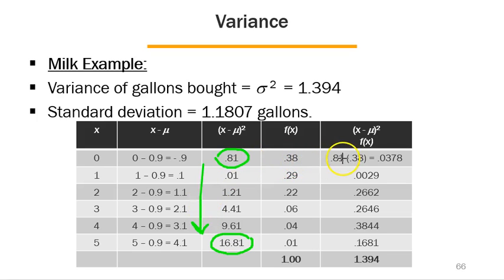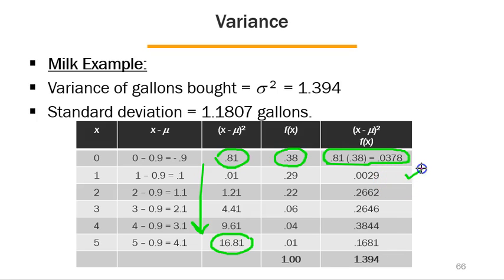And then to get this last column here, we're going to multiply this gap, right? So this difference squared, the 0.81, times the probability, the 0.38. So that's what you see here to get this value. And this is done for each row.